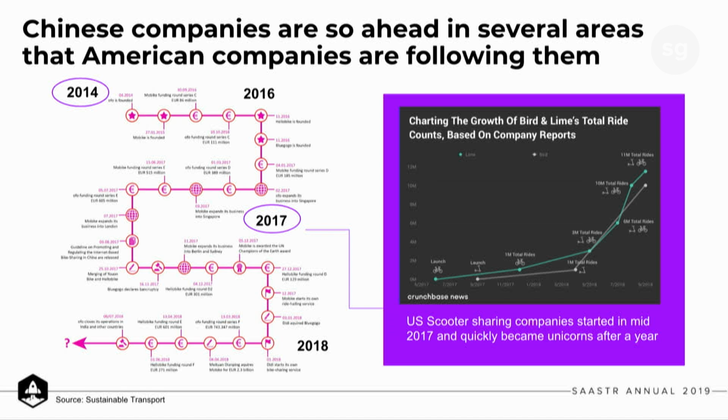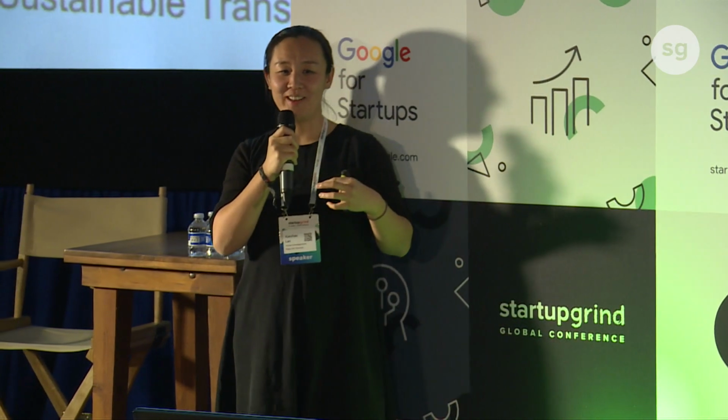Instead of sharing bikes, they started with electric scooters, at least Bird did. Turns out that's the localization they had to do because Americans don't like to work out and spend energy. But that's product localization. They only started three years later, after the China market was already really hot.